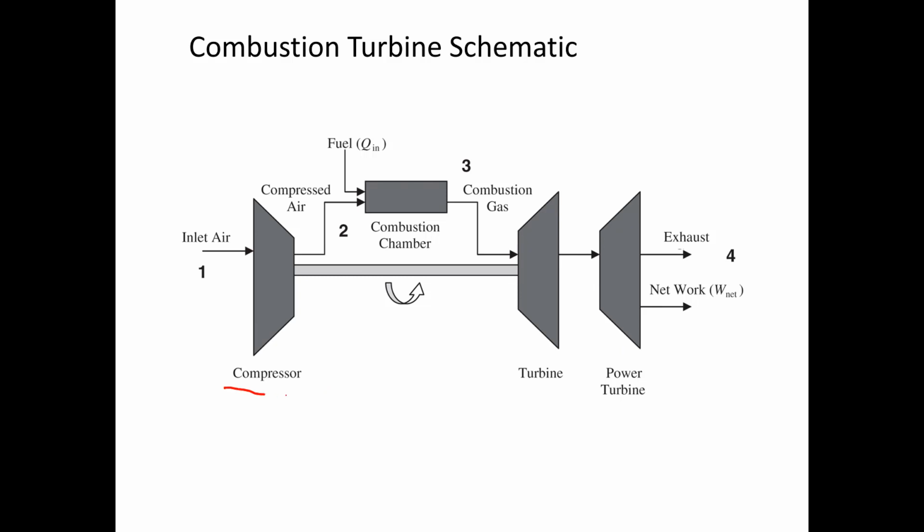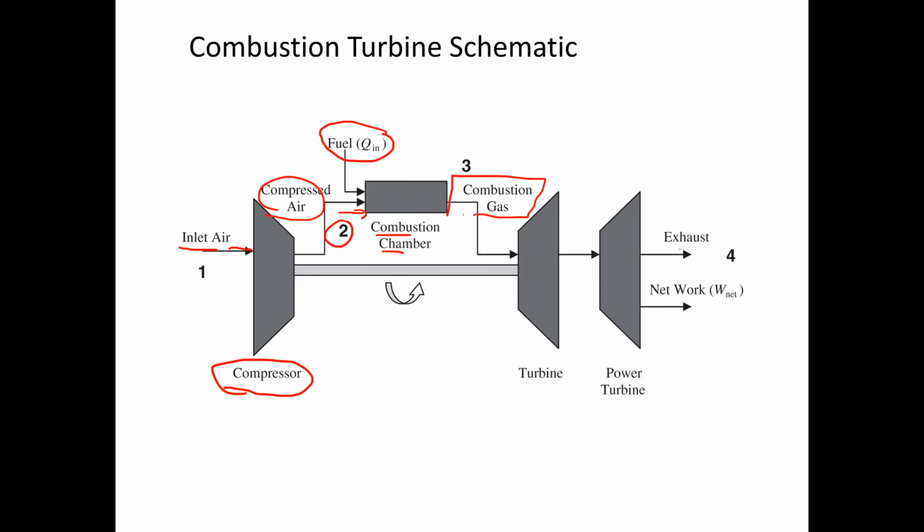You have here a compressor. Air comes in, usually at whatever the atmospheric air conditions are. It gets compressed and comes out at state 2. It goes into a combustion chamber, where fuel is burnt and that increases the temperature.